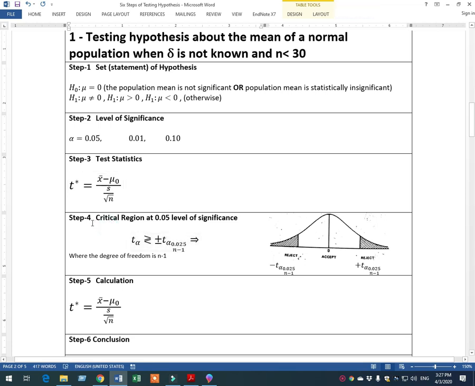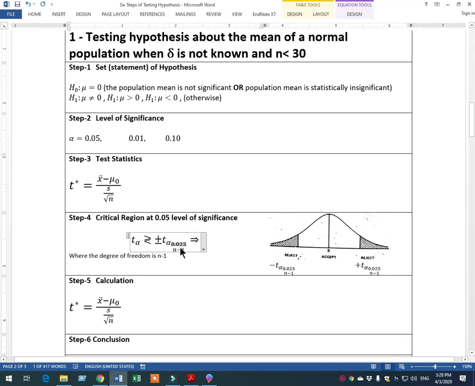In the fourth step, we define the critical region, and I told you that we are using the T distribution. So alpha is our critical region, which is more than plus t alpha divided by 2. You see that alpha is not 0.05, it is 0.025, because alpha is being divided on the two sides of the distribution. So 0.05 divided by 2 becomes 0.025.